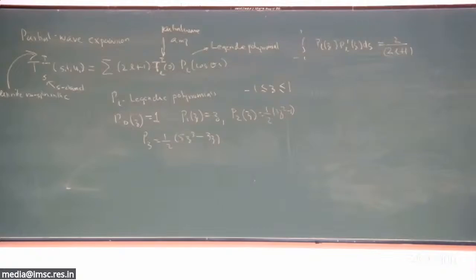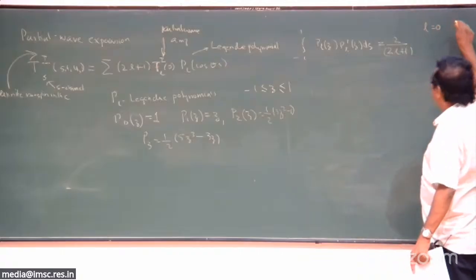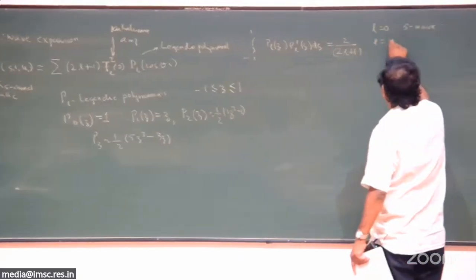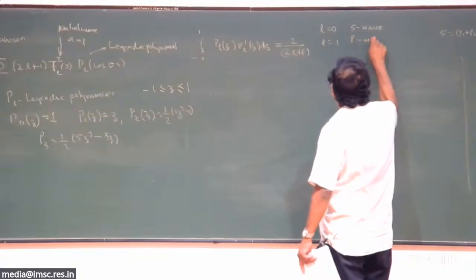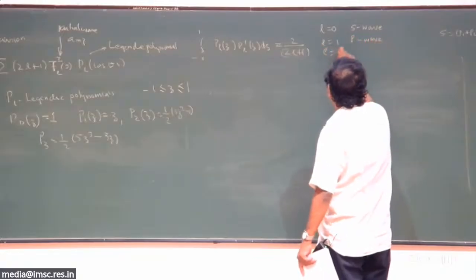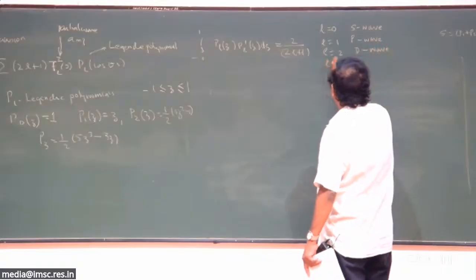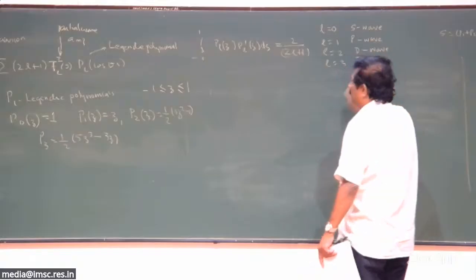And L equal to 0 is called the S wave. What is L equal to 1? This is P wave. And L equal to 2 is called the D wave. And L equals 3 is called the F wave. After that, it's called G wave, etc. Okay.